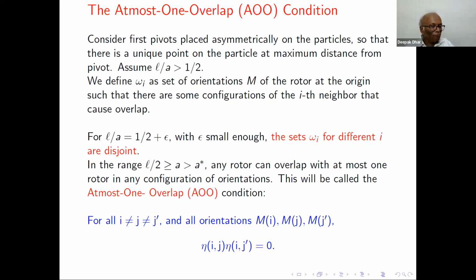In any configuration, one particle can overlap with at most one other. So if I take some sites i, j, j prime, and allow all possible orientations mi, mj, mj prime, then you must have eta times eta equal to 0, because one of these two must be 0. It cannot overlap with both. That is the mathematical statement of the at most one overlap condition. Whenever you have two etas, they become 0. This is an identity.